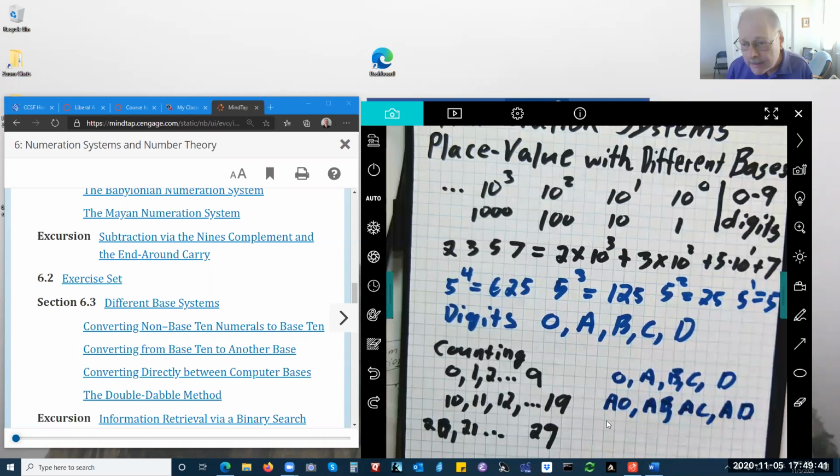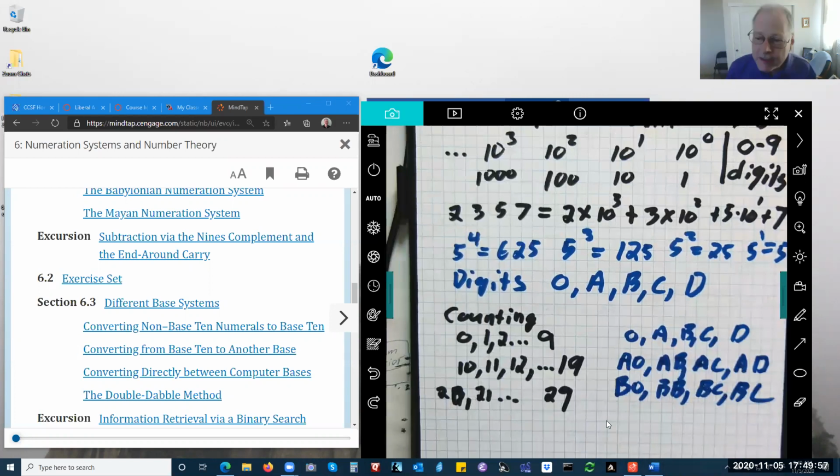So you use A, A0, AB, AC, AD, and then B0, BB, BC, BD. And you've run out again, so now you go to the C's. When you get up to CD, you've run out again. You go to D.